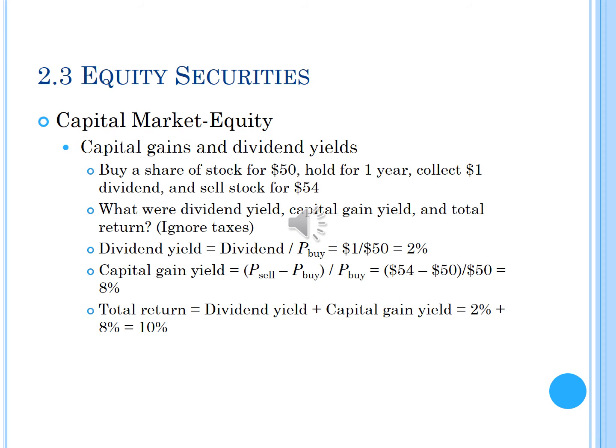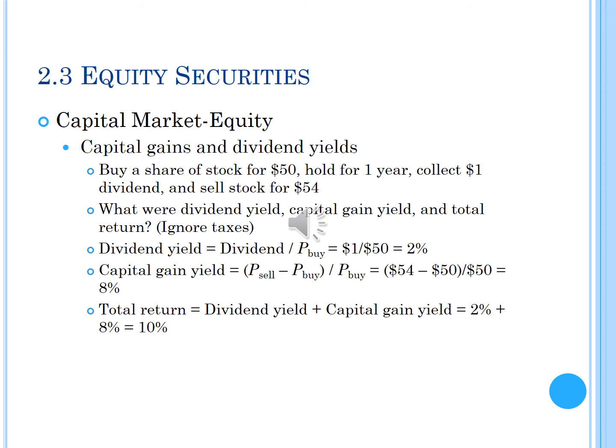The capital gains yield equals the price at the time of sale minus the price at the time we bought the stock, and both of these are divided by the price at the time we bought the stock. So it's just a basic return formula.